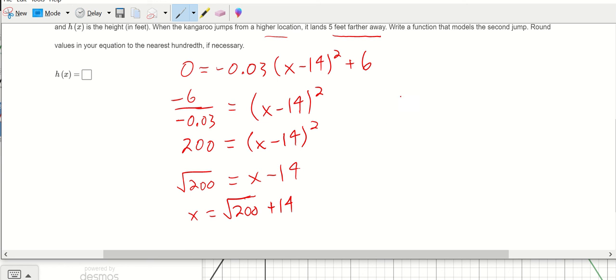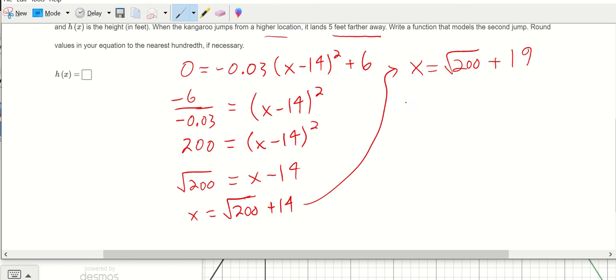If I wanted to land 5 feet further away, that would mean that my new x value here, I'd have to add 5 to. So really I want the kangaroo to land at 5 more than 14. I want it to land at square root of 200, whatever that is, plus 19.